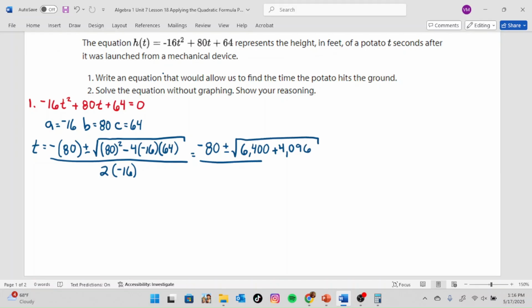And all of this is divided by 2 times negative 16, which is negative 32.